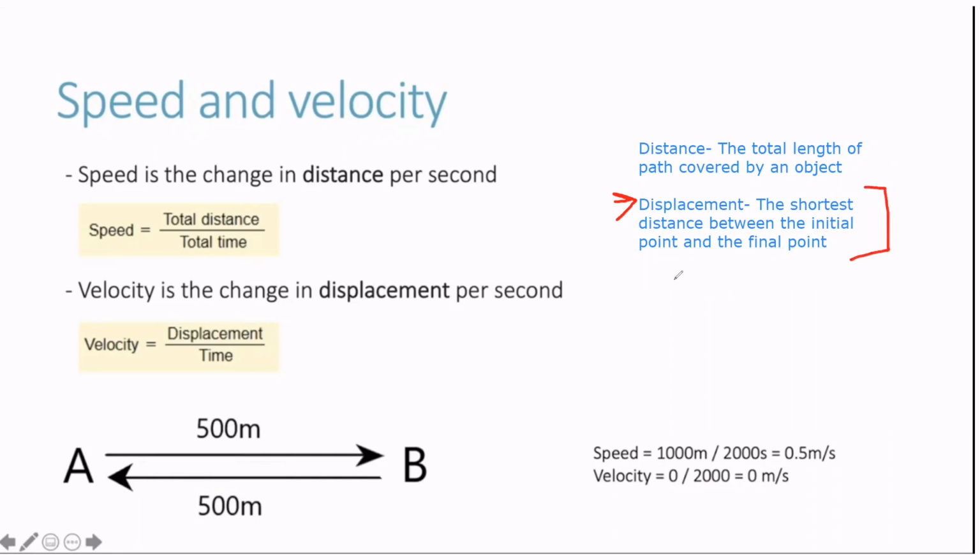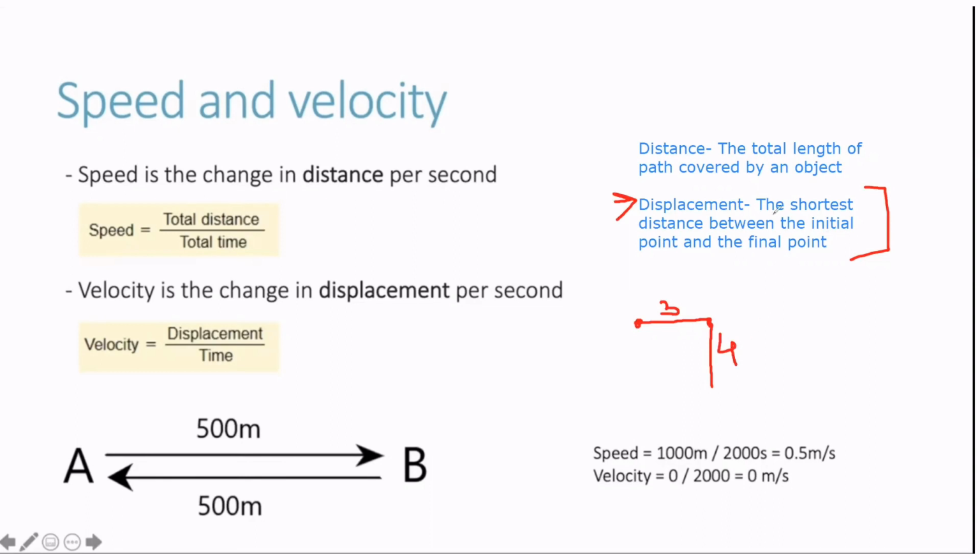And we know that the shortest distance between any two points is none other than the straight line. Now, for example, if I start from here and go till this place, and then from here I go till here. So this approximately is 3 meters, and this friends is 4 meters.